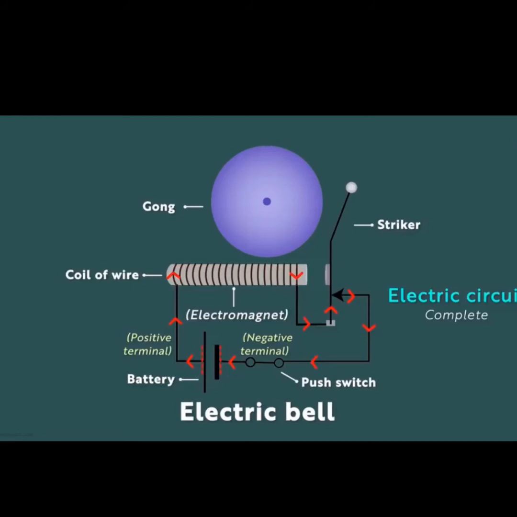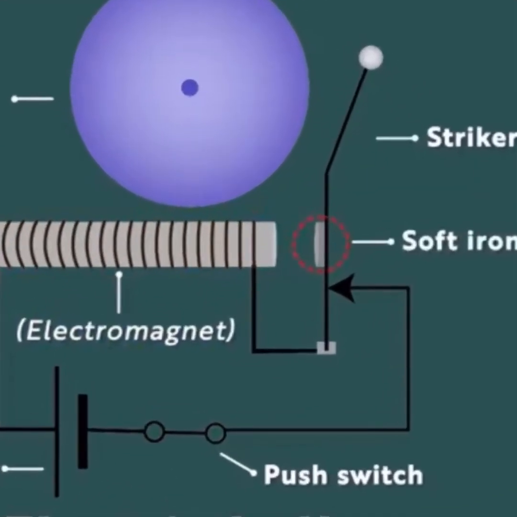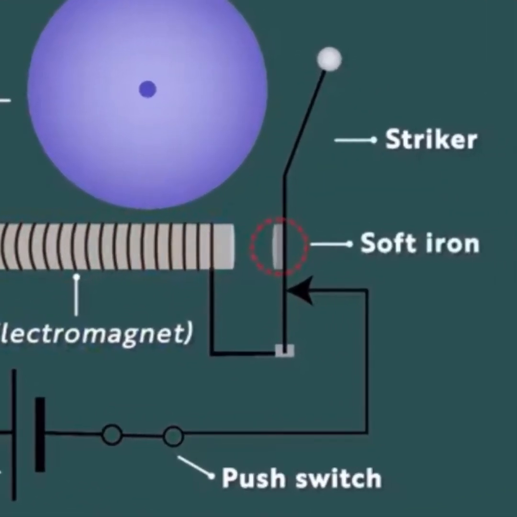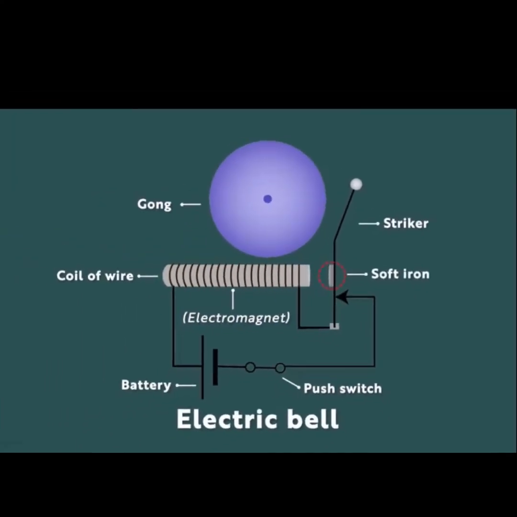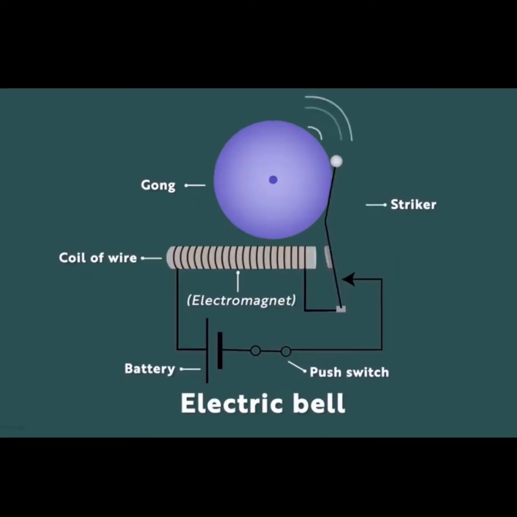What will happen? As you can see here, we have another piece which is soft iron. It will be attracted to the coil of wire, or to the electromagnet. Now when it's attracted to the electromagnet, the striker will hit the gong and produce the sound.